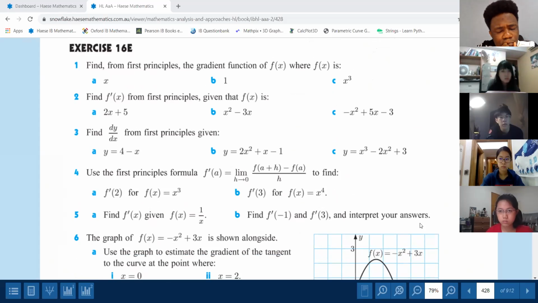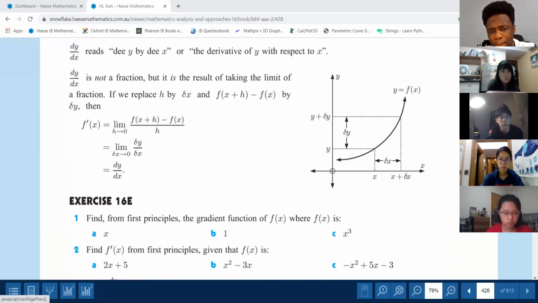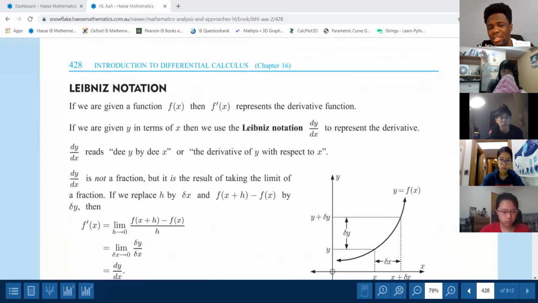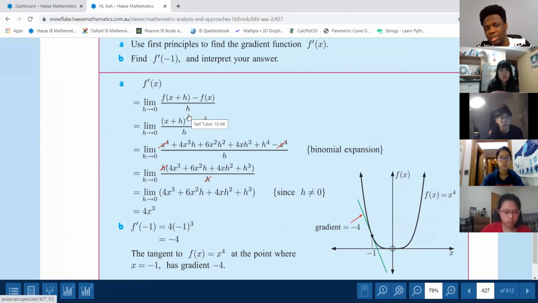What do you mean by we can just go back to what we did before? You don't have to use the delta y, delta x notation. You can use the notation in the example that I just showed you, which is just using h and the stuff, not delta. You don't have to bring the Leibniz notation in. But towards the end, you can write dy by dx is equal to, that is fine.